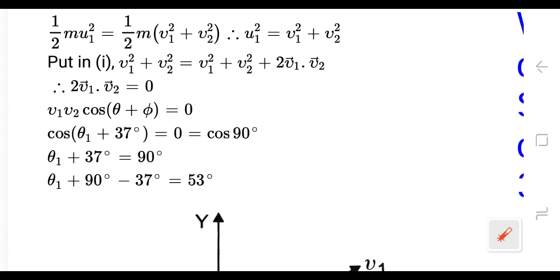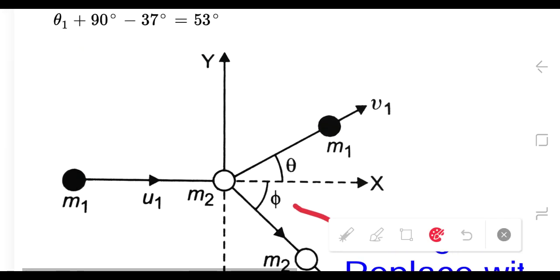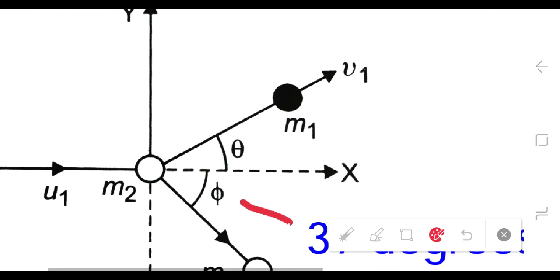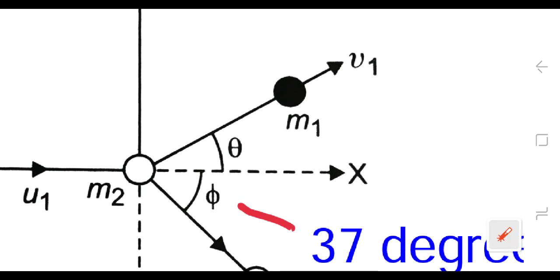Theta 1 plus 37 degrees is equal to 90 degrees. Therefore, theta 1 is equal to 90 minus 37, which is 53. So this angle is the one which is 53.